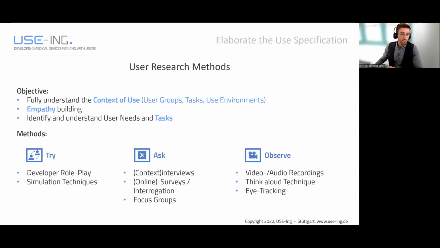Since without knowing what the tasks of our users are, we may not define our test cases, which are necessary for our usability evaluations. So we try to fully understand this context of use consisting of user groups, tasks, and use environments, and build up our empathy. Even though we are in a medical environment, I know it sounds strange, empathy and medical environment, but it's strongly needed.